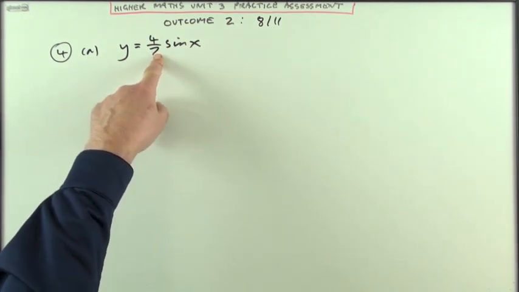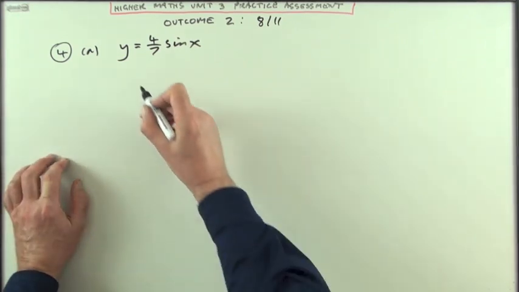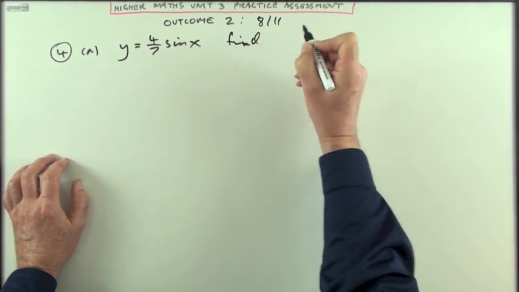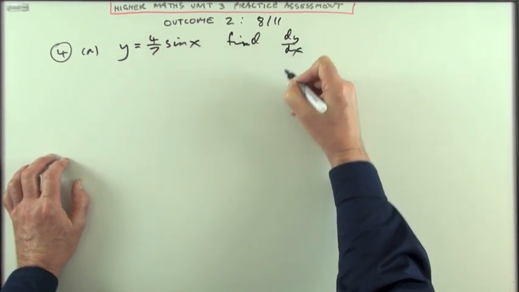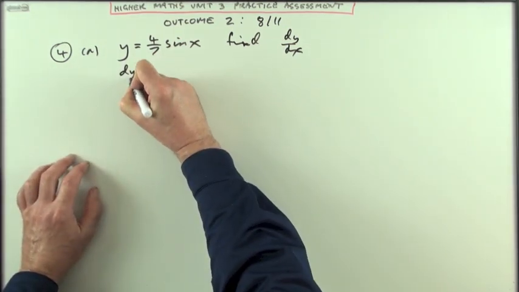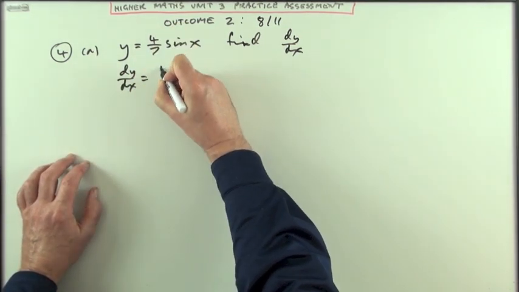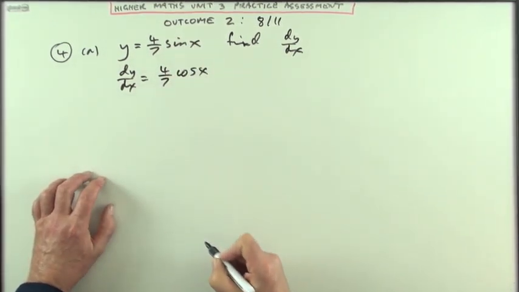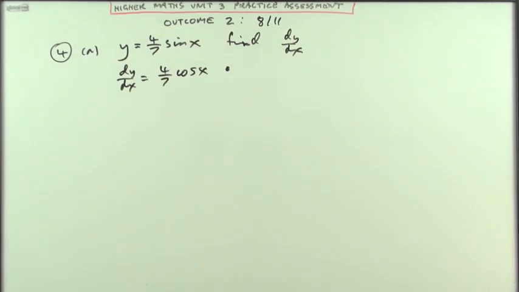That coefficient will simply remain in the derivative. It will say, in this form, if y equals that, find dy by dx. Well, that's easy. Sine goes to cos. So you'd write straight away, dy by dx will be, keeping that coefficient of 4/7, sine goes to cos, so it's cos x. And there you are, 1 mark. Could be easier.